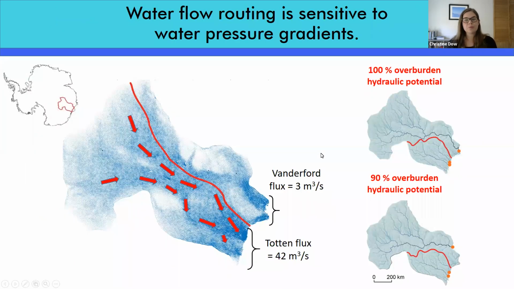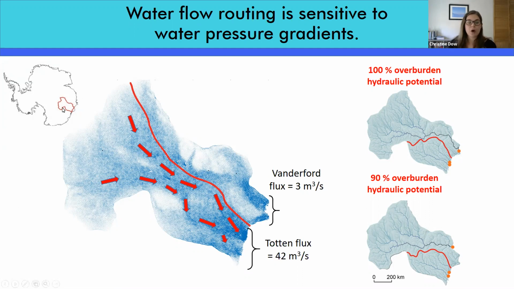In terms of water pressure, it has other impacts as well as ice velocity. And the main impact is in terms of defining the catchments of different areas. So if we go back to the original way of looking at the hydrology system, which is taking overburden hydraulic potential, so once again, this is assuming the pressure is everywhere at overburden.